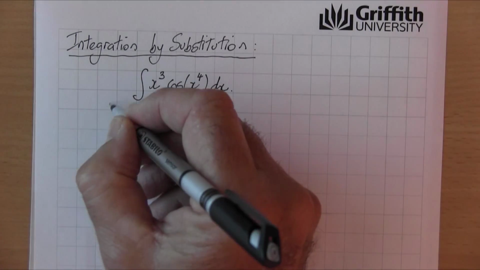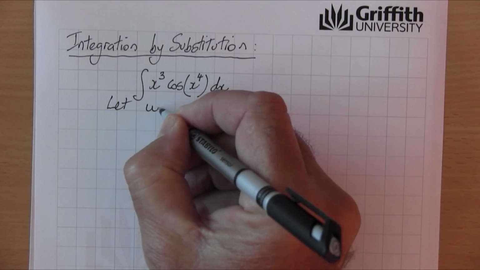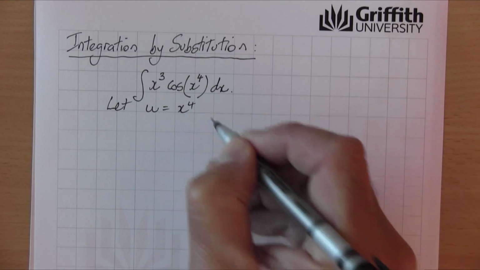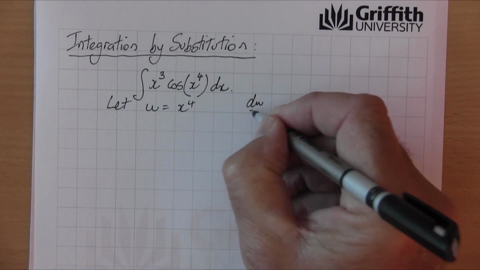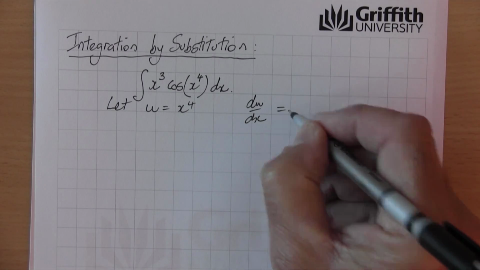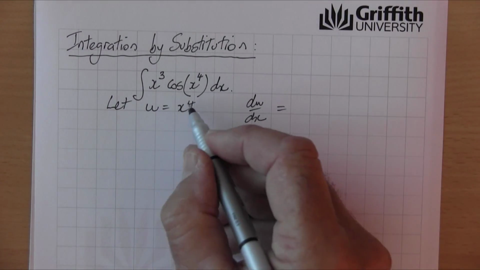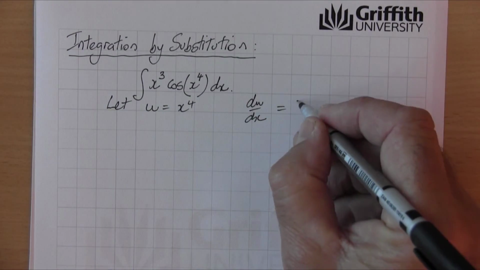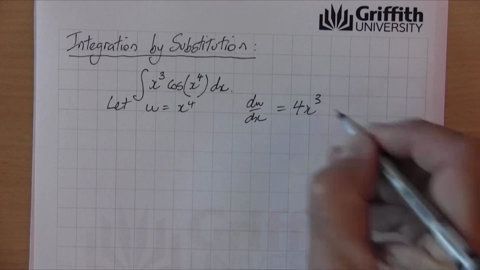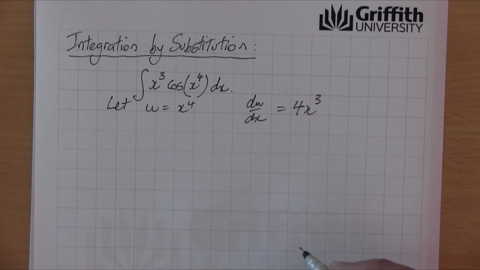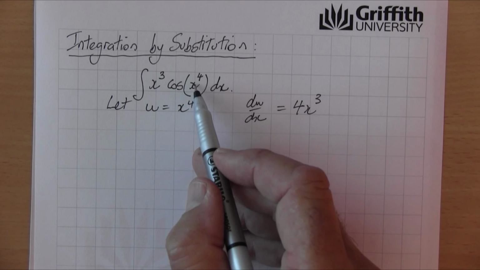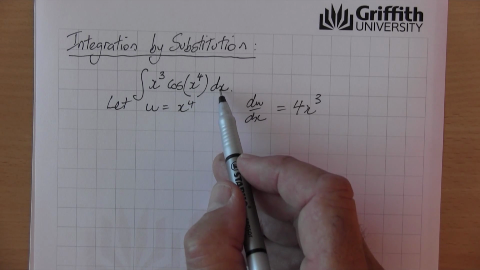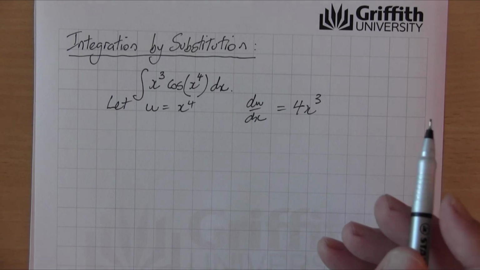So let u equal x to the fourth, and straight away we can find du dx. And du dx is, bring the power down, 4x to the power of 3. Now we want to be able to substitute in here, so we can substitute for x to the fourth and put a u there, but we want to be able to substitute in for dx as well.